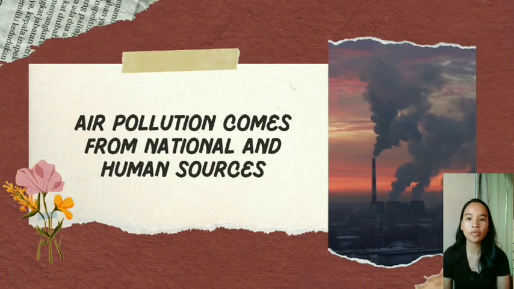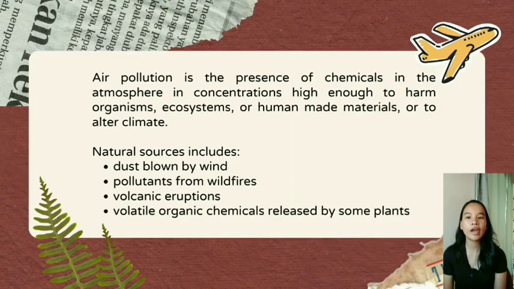And moving on from the nature of the atmosphere, let us now discuss air pollution that comes from natural and human sources. Air pollution is the presence of chemicals in the atmosphere in concentrations high enough to harm organisms, ecosystems, or human-made materials or to alter climate.